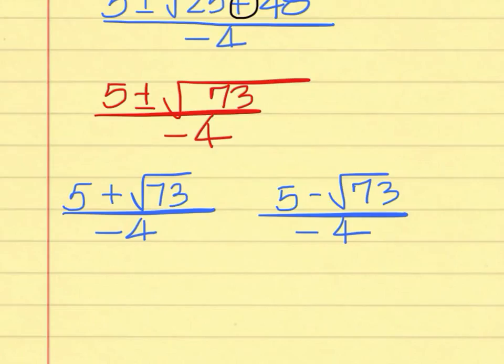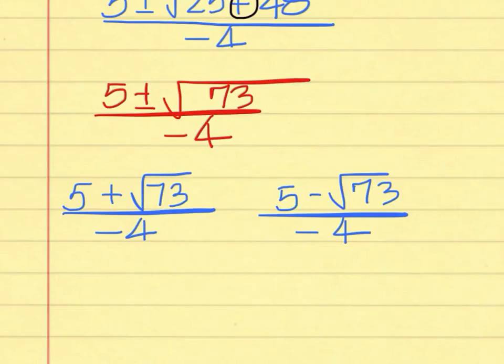On the left-hand side, I have to do 5 plus the square root of 73. What button do I push on the calculator after I type in the square root of 73?